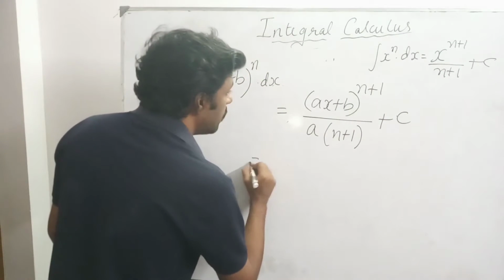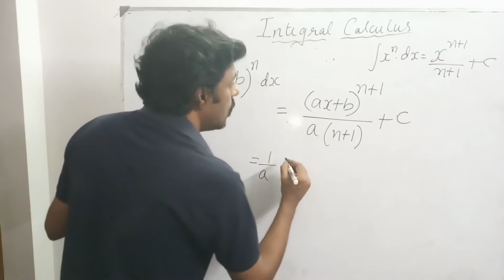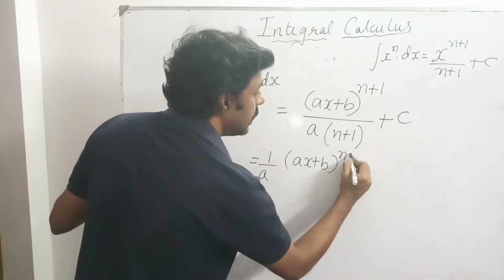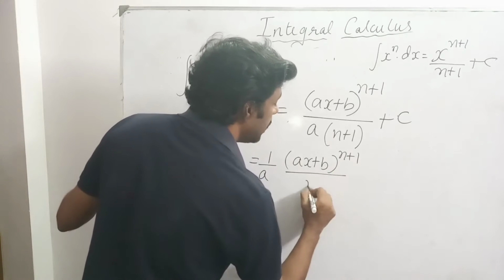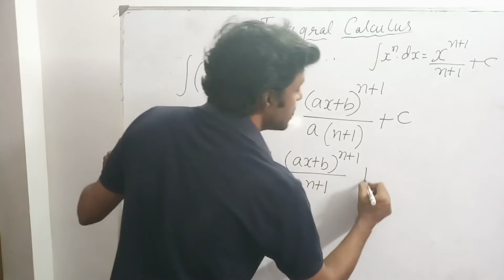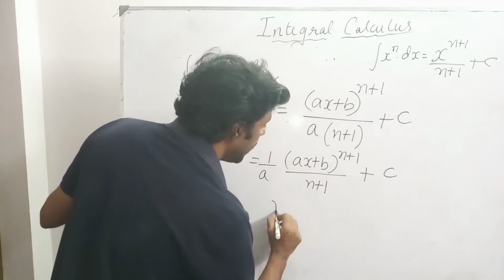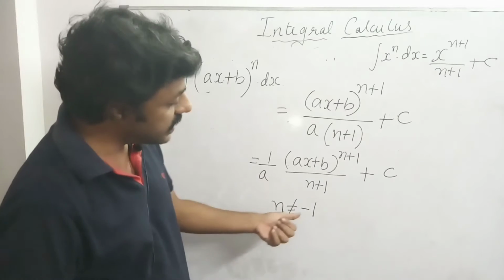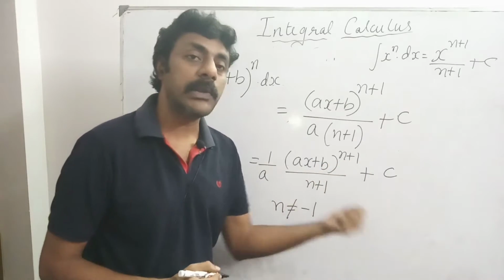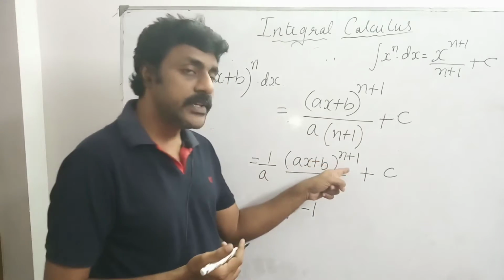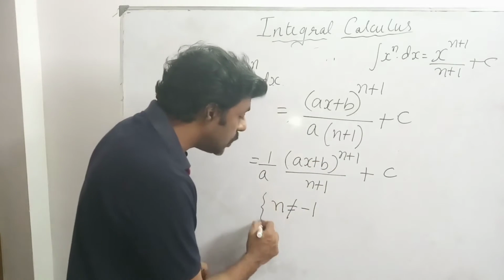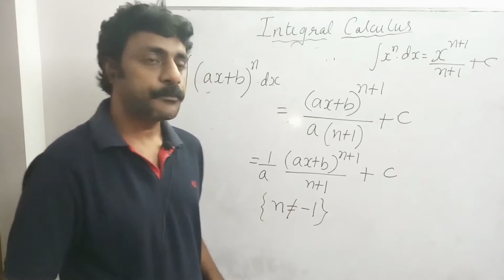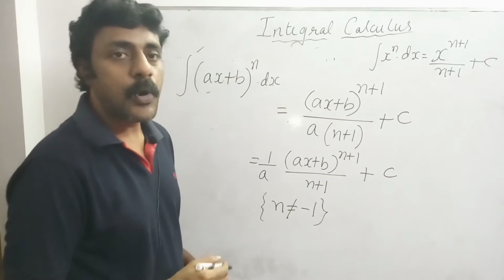So it will be 1 by a of (ax plus b) whole power n plus 1 divided by n plus 1 plus c, provided n should not be equal to minus 1, because if n is equal to minus 1, then n plus 1 will become 0. In order to avoid this, we need to be specific about this condition that n should not take the value minus 1. These are the two important results.